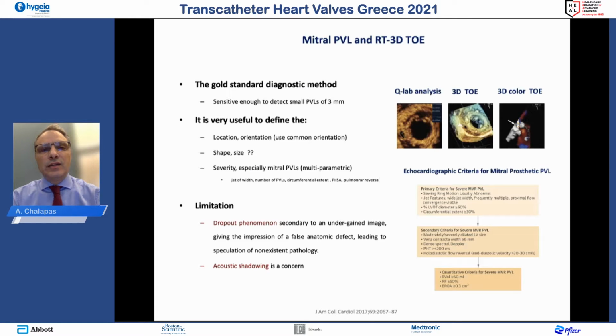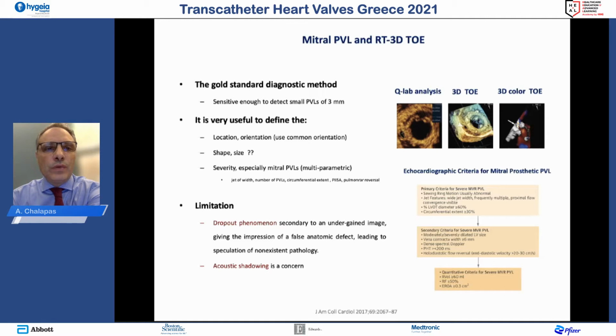Regarding the diagnostic part, the gold standard is the echo, and especially the transesophageal echocardiography, which by the use of 3D analysis with color, the QLab analysis, can give us very useful information in order to define the anatomy, the orientation, the shape, the size, and of course to evaluate the severity.